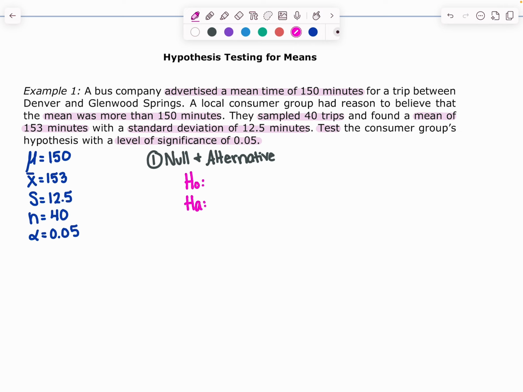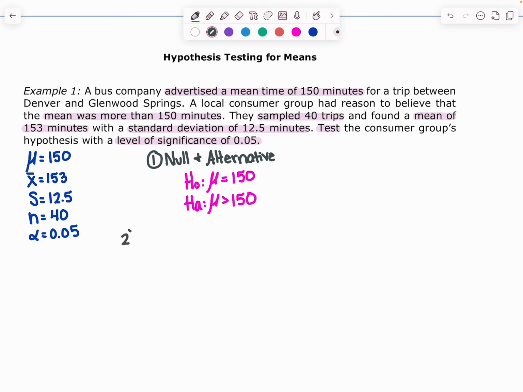We're looking at means, so our H0 is going to be mu equals, and we're assuming that the advertised time of 150 minutes is correct. And then we want to test that the mean is more than 150 minutes. And I'm looking at my X bar. My X bar is 153. That is more than 150. Is it significantly more? I don't know. Let's find out.